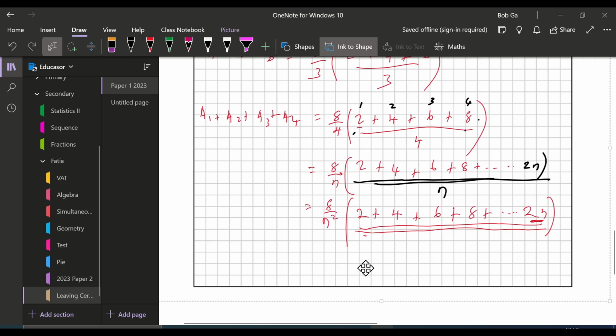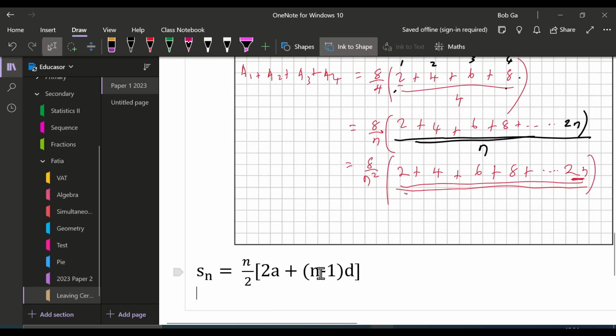Okay, this is my formula. This is the formula to find the sum of the first n terms in an arithmetic sequence, and we have our arithmetic sequence here. So how do we find the total sum? Obviously we don't know the terms in between 8 and 2n, the n-th term.